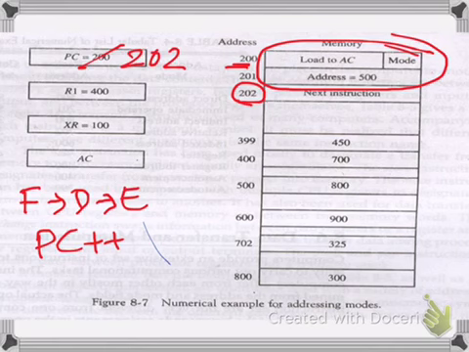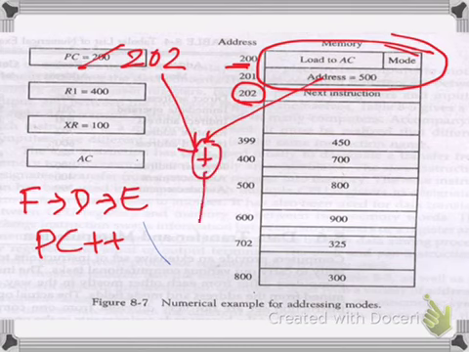So when we try to execute this instruction, the value of the program counter would not be 200, instead it would be 202. That is why we add 500 and 202 and we get 702.